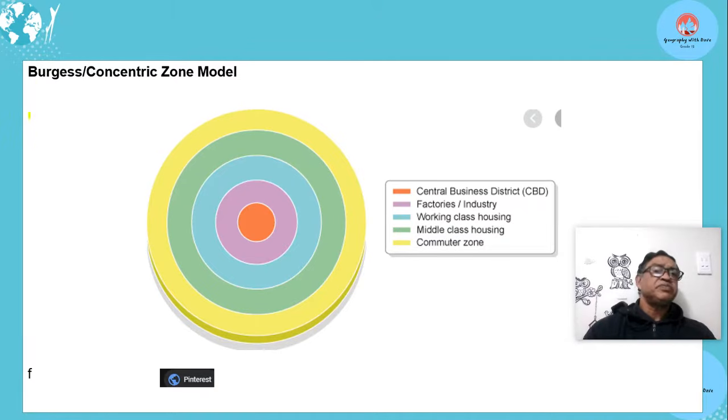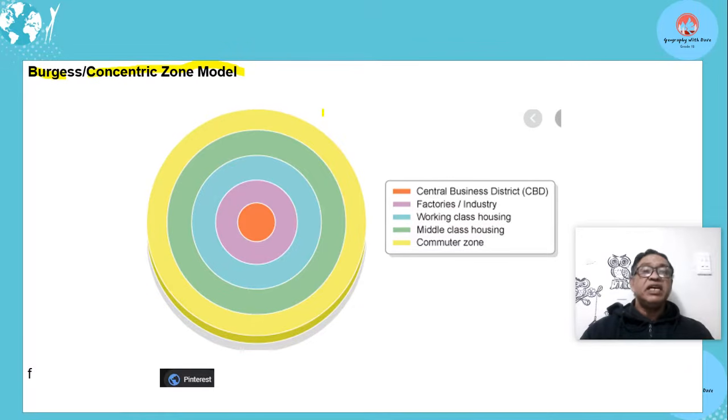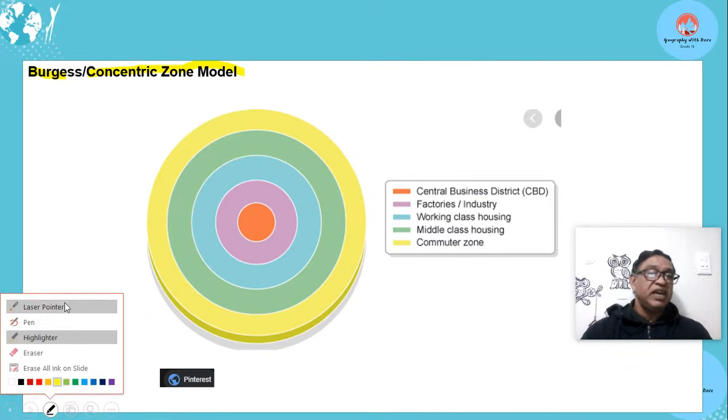Let's start. The first model, Burgess's concentric zone model. Now, what was the whole idea of Burgess's model of urban areas? He said that the urban area actually forms in concentric circles. Can you see the concentric circles in this diagram?